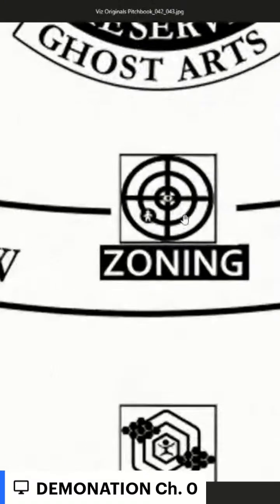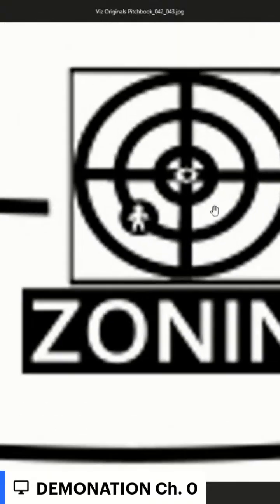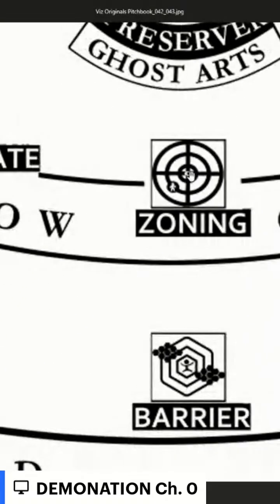And then they can do something called zoning, which allows them to locate any living things and know certain things within a range just by standing where they are. They can know the whole area and what's around. However highly trained they are in zoning, it'll allow them to pinpoint with precision what is around them. So that's a useful skill.